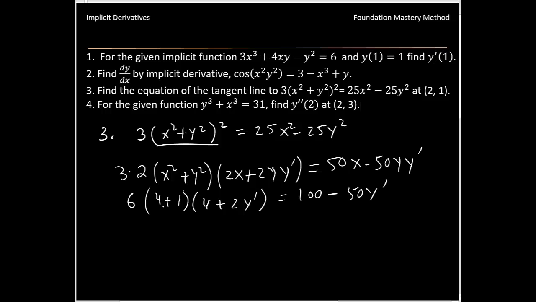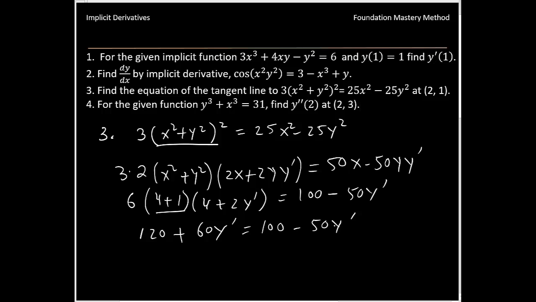Now I can just simplify the left side, so I get a 5 here. So then this gives me now 120 plus 60y prime equals 100 minus 50y prime.